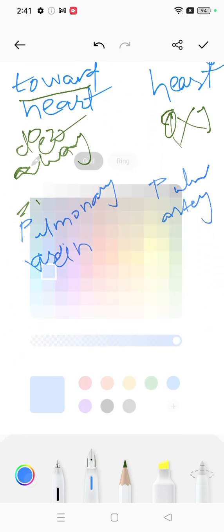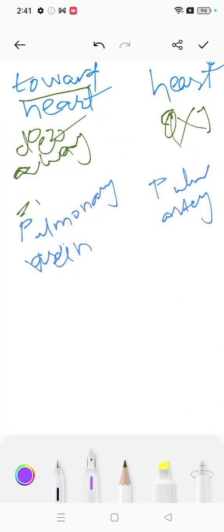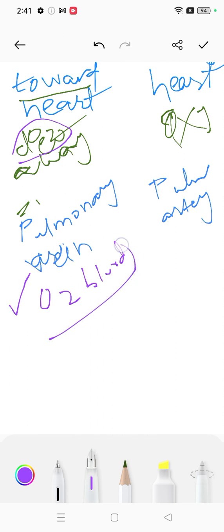Okay, so the exception is the pulmonary vein. Normally a vein only takes deoxygenated blood, as I've written, but the pulmonary vein takes oxygenated blood. So that's the reason we cannot say that vein is about carrying deoxygenated blood, because sometimes it takes oxygenated blood. This case you'll find very rarely, only one time.